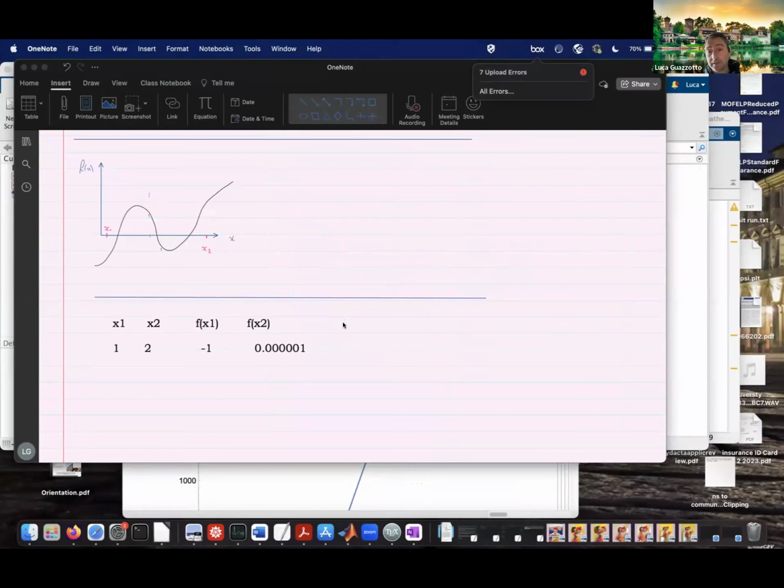Definitely there is going to be a 0 in between, and my best guess is going to be right in the middle.